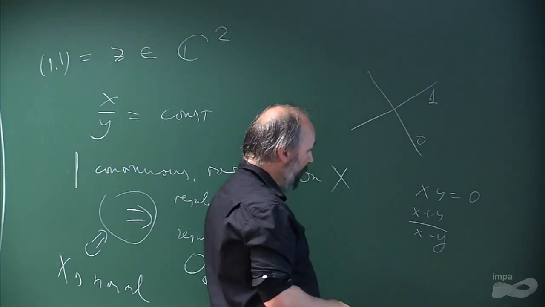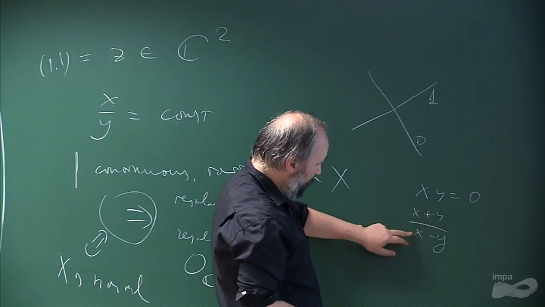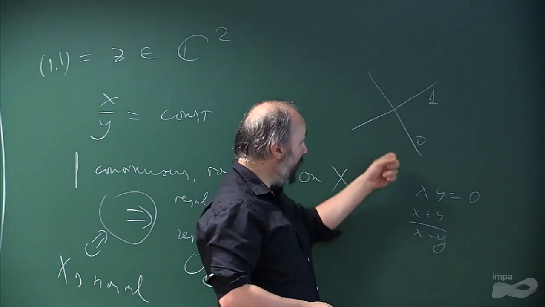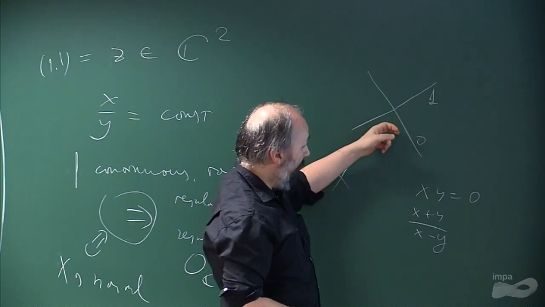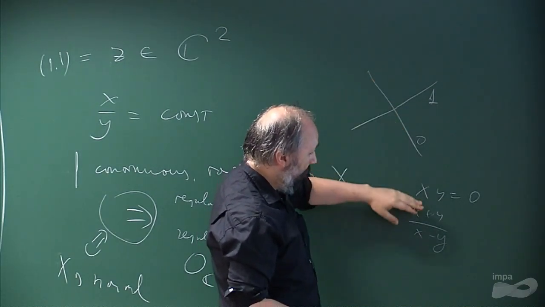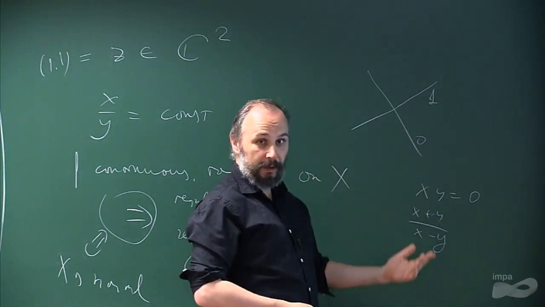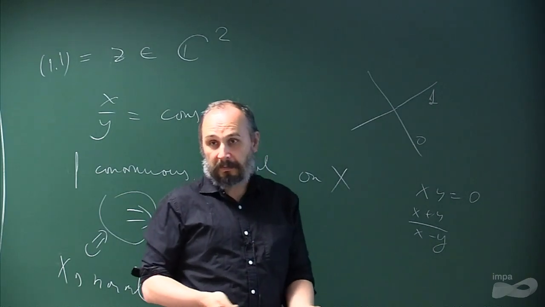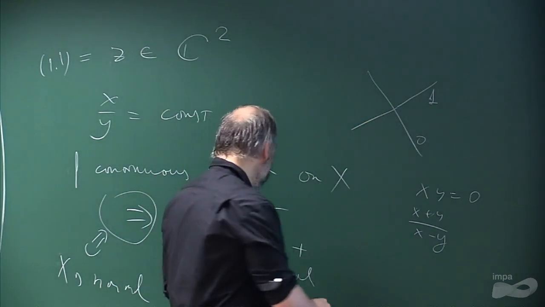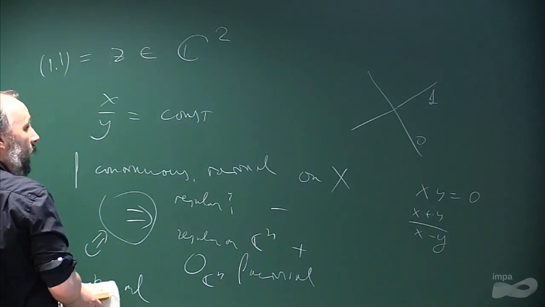For y equal 0, this is 1. For x equal 0, this is minus 1. So this is an example of a rational function on this variety which is bounded, but not regular. It's not regular because it's not defined in 0. And not continuous, obviously.